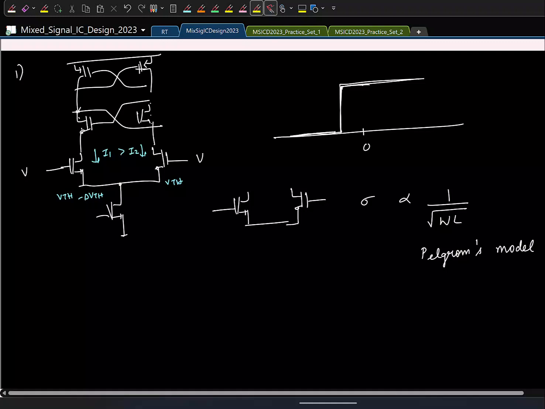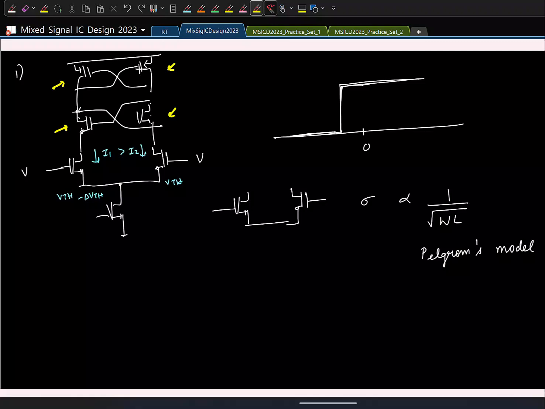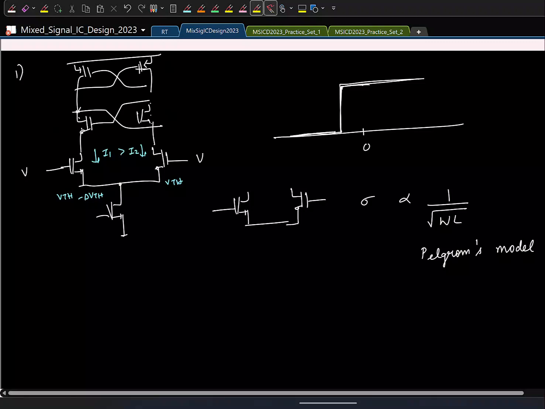And at least in a StrongARM latch, it turns out that the major contribution to this offset is this transistor pair. Remember that you will also have mismatches due to these other transistors, but in a StrongARM latch, it turns out the dominant contributor to the mismatch or the offset is the main differential pair. Okay.